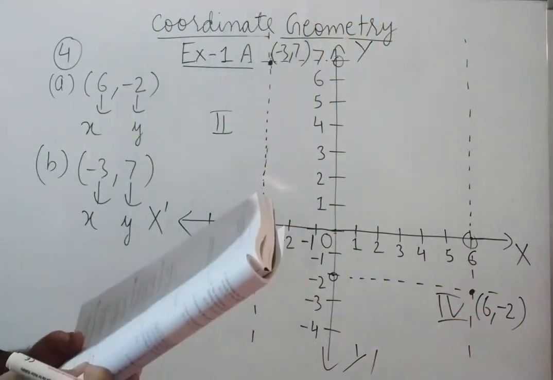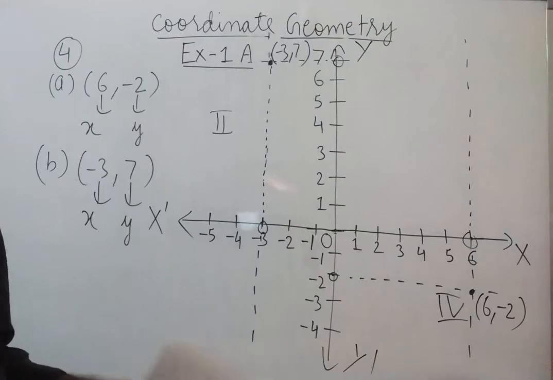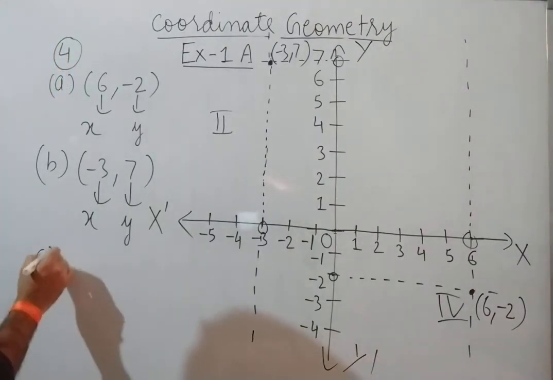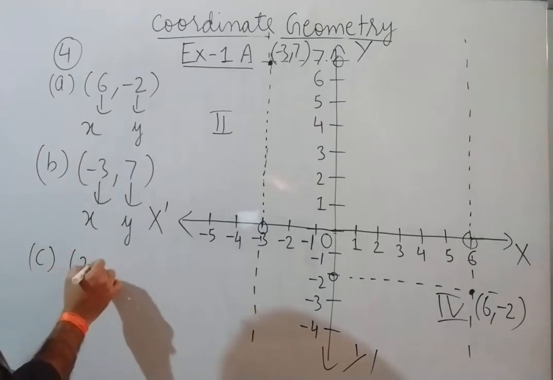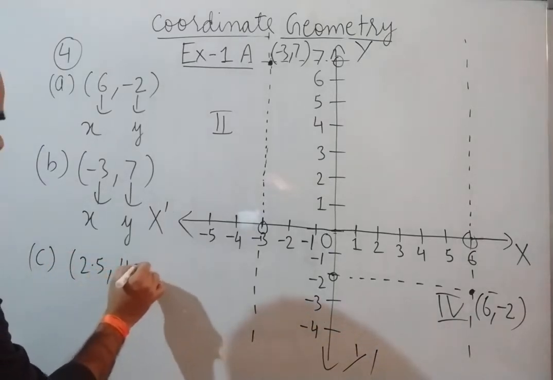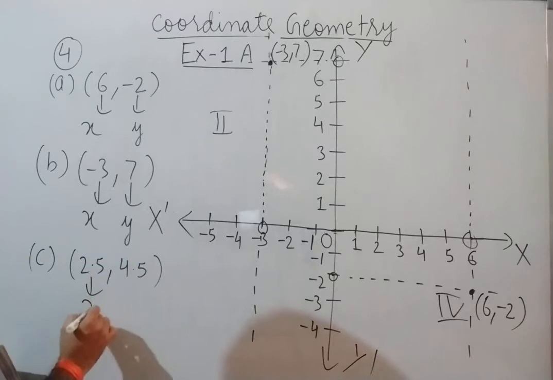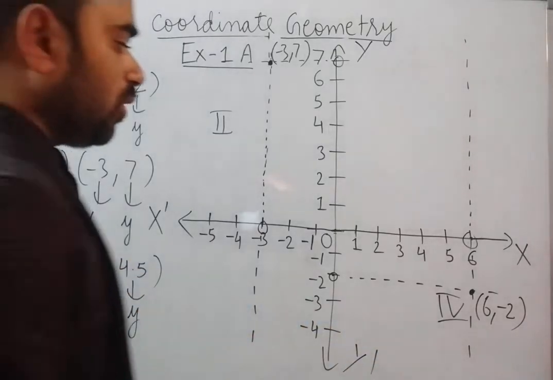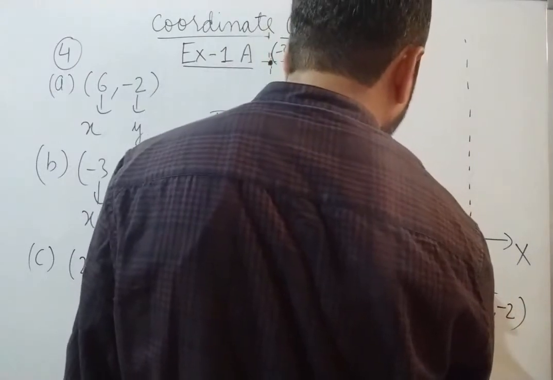Correct? Next one is 2.5, 4.5. It means x is 2.5 and y is 4.5. 2.5 means the mid value between 2 and 3.